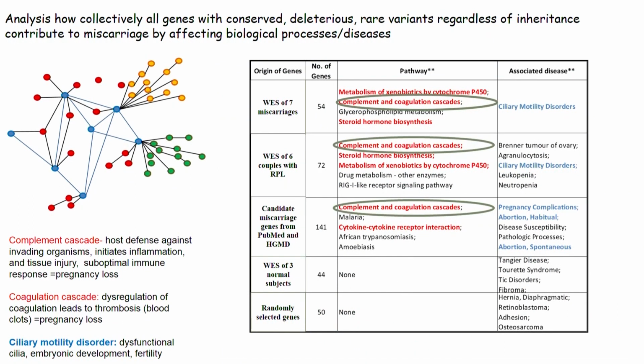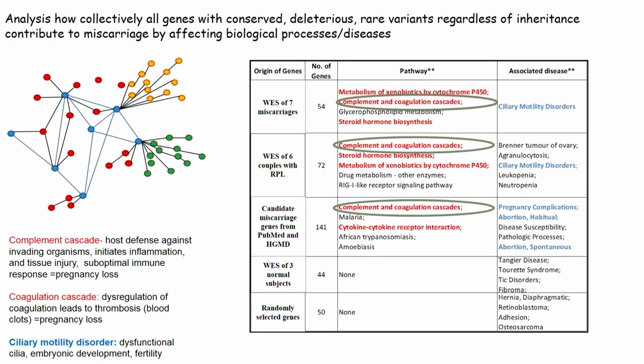So one can look for individual genes as causes of recurrent pregnancy loss, but one can also use bioinformatic tools to determine how the pool of genes with conserved, deleterious, rare variants could affect the biological pathways and diseases. So this is the study again from those 4 couples who had exome sequencing and their miscarriages, looking for this general pattern of abnormal pathways and biological processes.